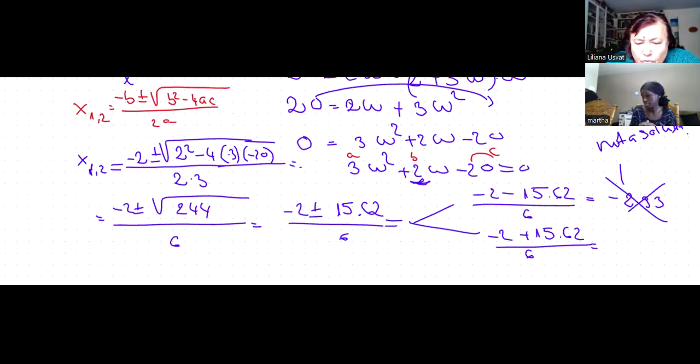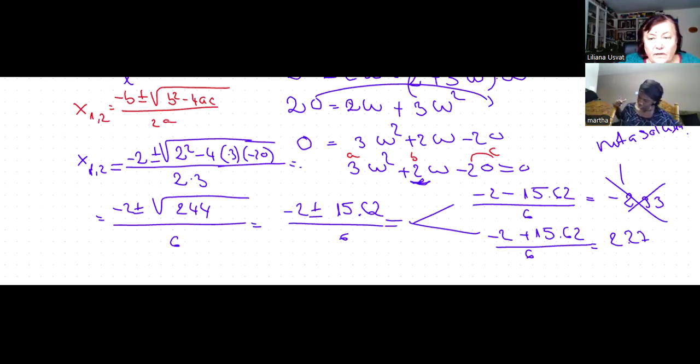15.62 minus 2 is 13.62, divided by 6 is 2.27. And this was what, meters? Okay, this is meters.